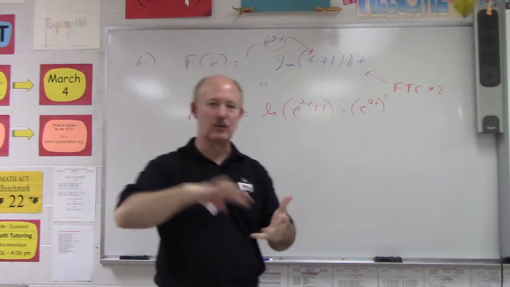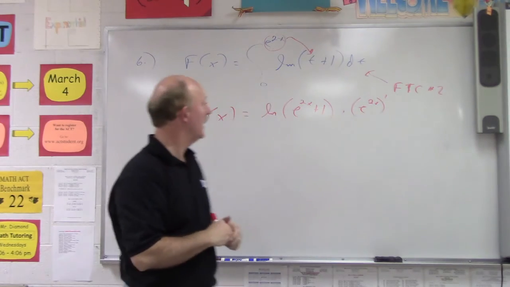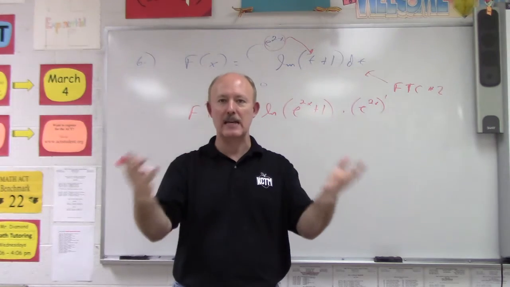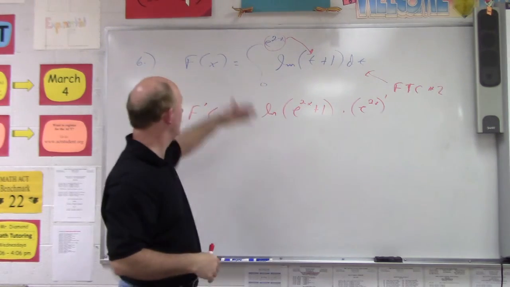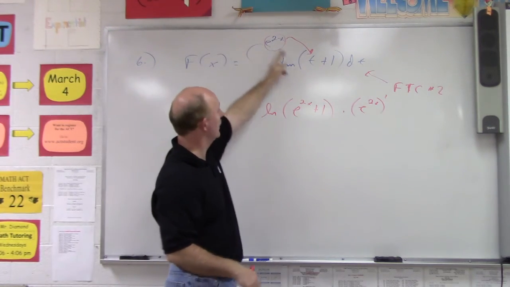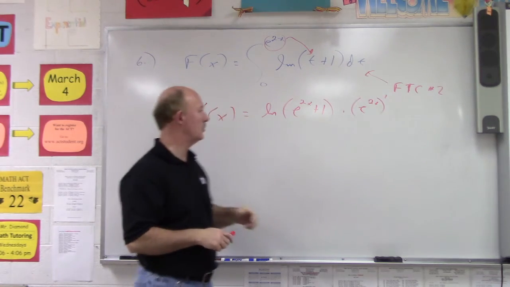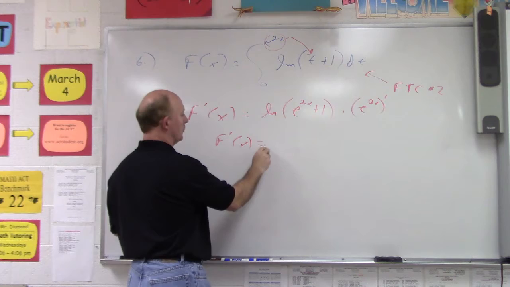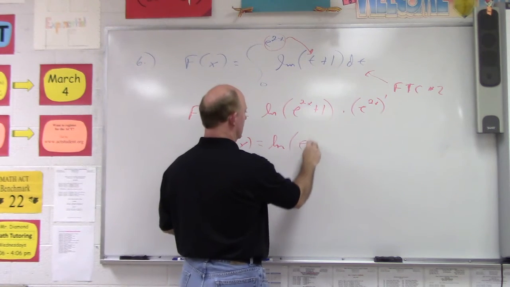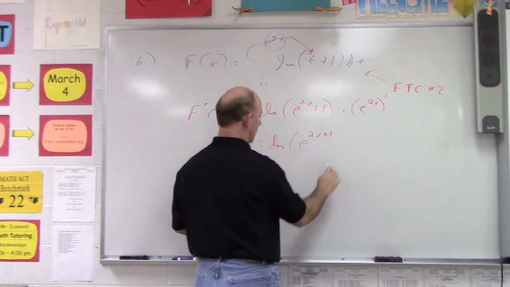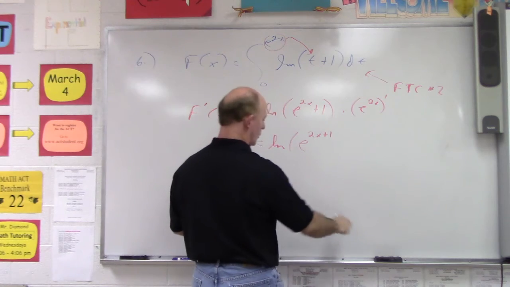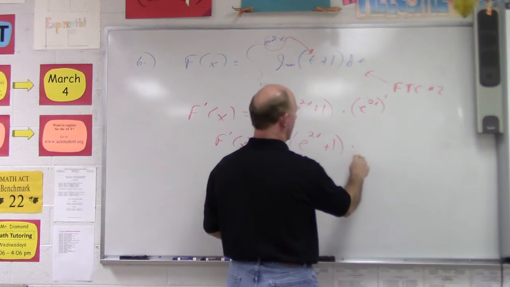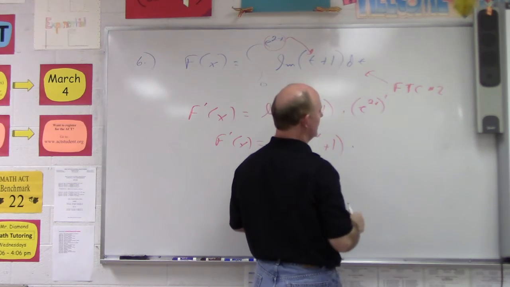All right, so a big integral function. And as you take the derivative, remember integration and differentiation are inverses, so we're just kind of using the chain rule here, substituting in, times the derivative of e to the 2x. So our derivative now becomes f prime of x is equal to natural log e to the 2x plus 1, times the derivative of e to the 2x.